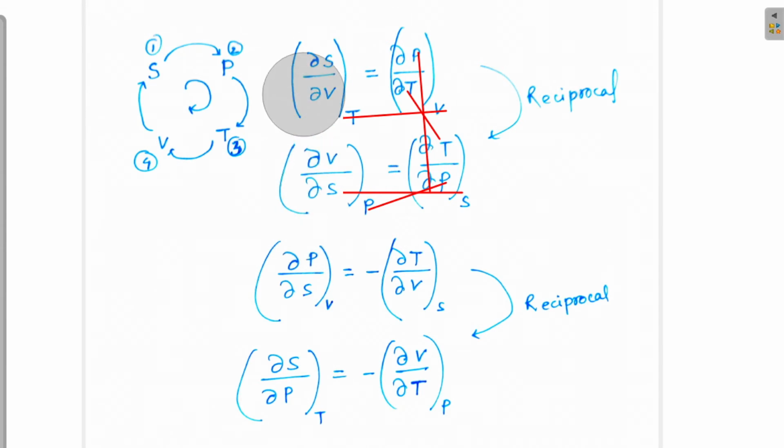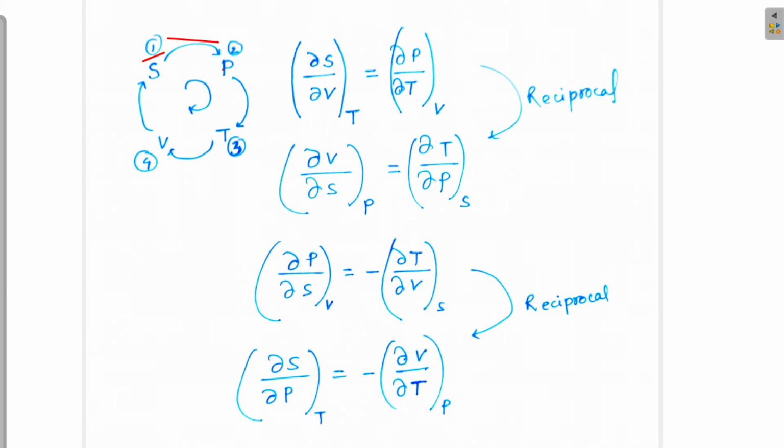To obtain the remaining Maxwell thermodynamic relations, I will go in cyclic order. I started from 1. Now I will go from 1 to 2, so I will start from position 2.